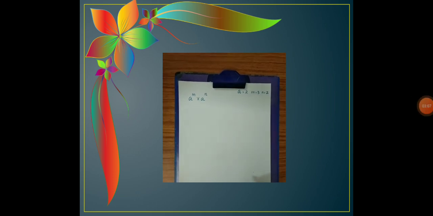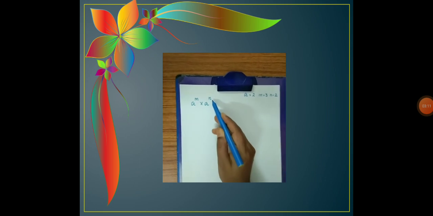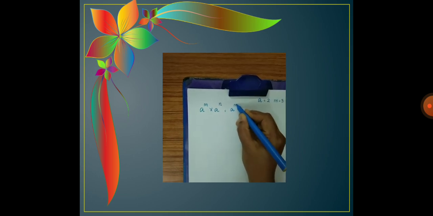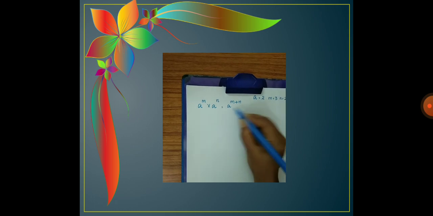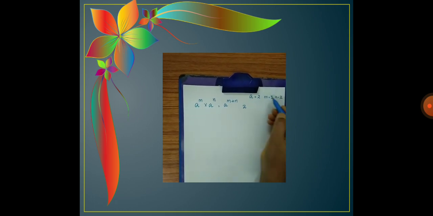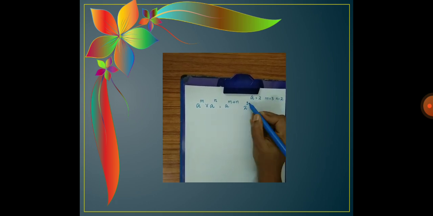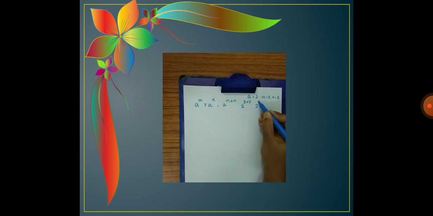Now we will see with an example a raised to the power m into a raised to the power n, that is equal to a raised to the power m plus n. If the base a is 2, 2 raised to the power 3, where m is 3 and n is 2, so 2 raised to the power 5.